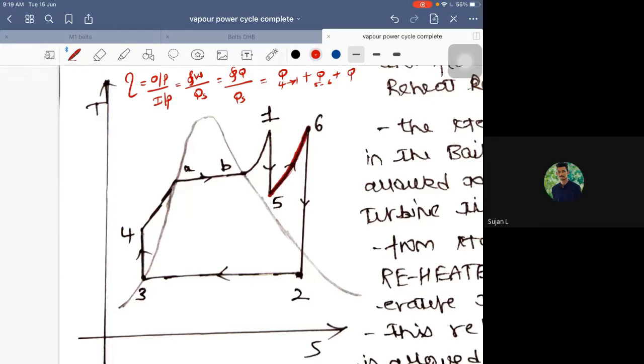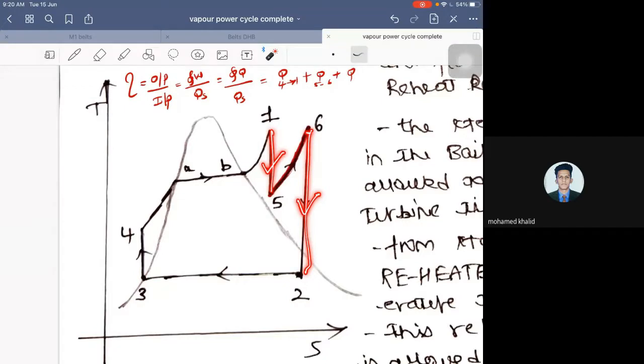What is 1 to 5? 1 to 5 is expansion in the turbine. This is the high pressure turbine. Again you are reheating it from 5 to 6. After that you get it expanded from 6 to 2 in a low pressure turbine. So 1 to 5 and 6 to 2 are the expansion processes.